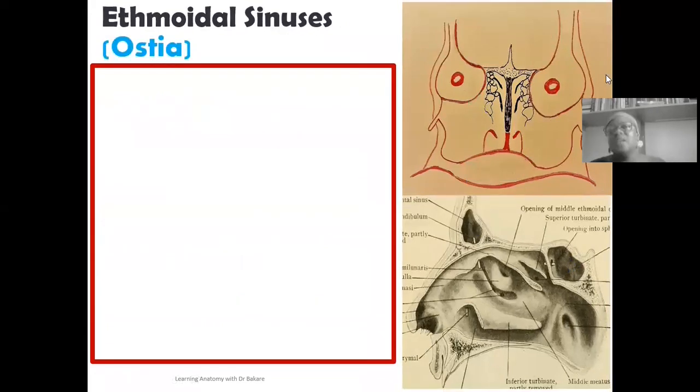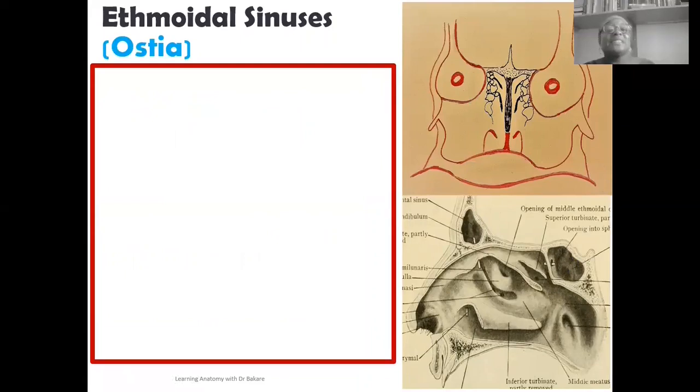So going further on the ethmoidal ostia, where the ethmoidal sinuses are seen to connect or open into the nasal cavity, because they actually need to be connected to the nasal cavity, so that whatever air is processed within them will be delivered into the nasal cavity, and from the nasal cavity will be directed down into the respiratory tract.